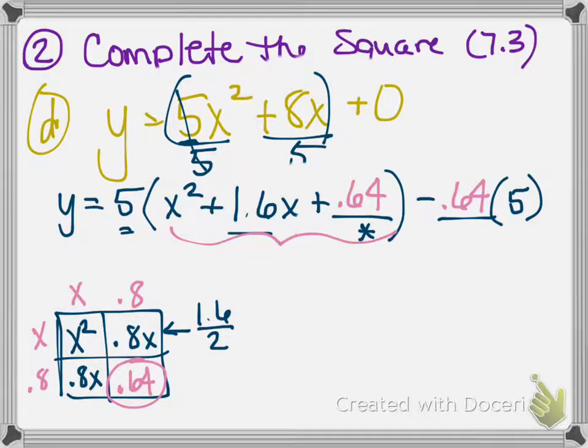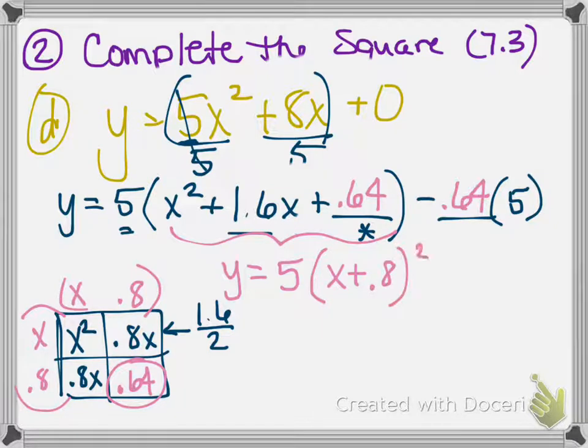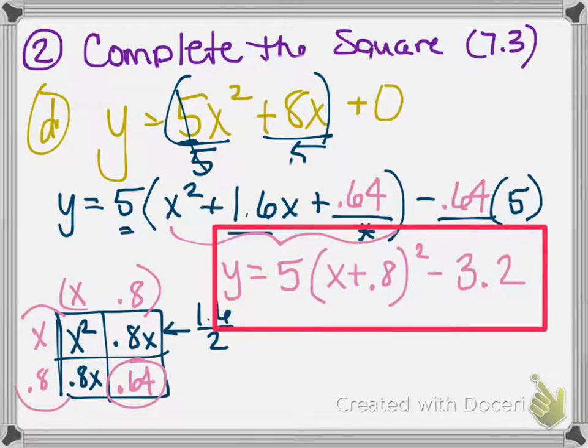Simplify, or not simplify, rather factor what's inside the parentheses. So y equals 5 times, here's the factored form, x plus 0.8 squared, and then negative 0.64 times 5 is negative 3.2. So here is vertex form of that equation, and then the vertex itself, got it already?